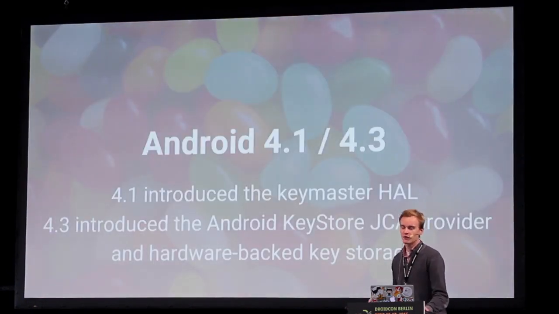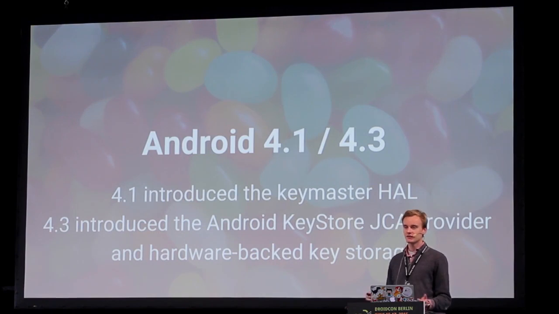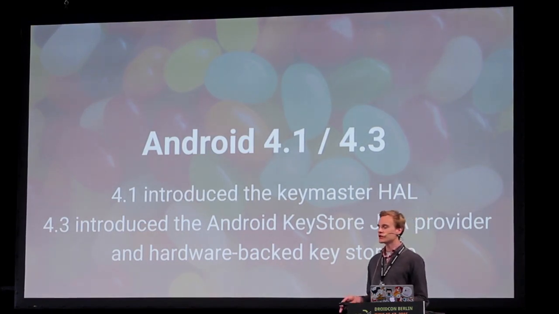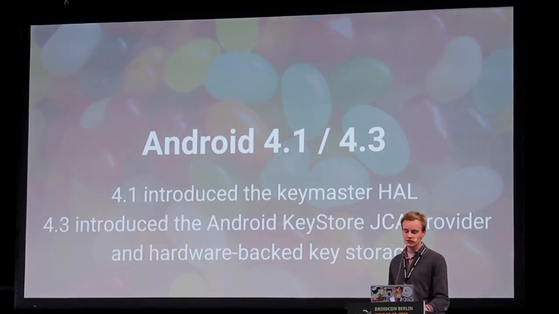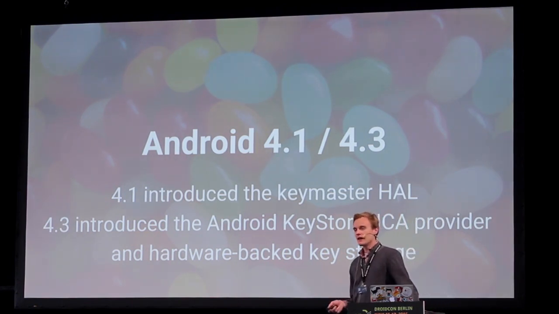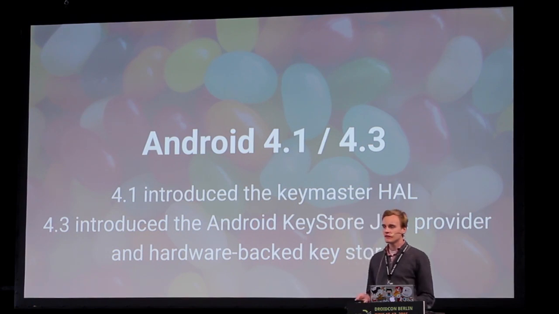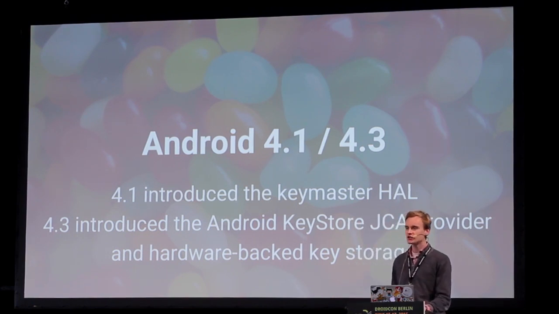So in Android 4.1, they finally introduced the keymaster HAL. So there was a huge change under the hood in the Android architecture. And 4.3 finally introduced the Android keystore. The Android keystore is not another Android-specific API like the keychain.